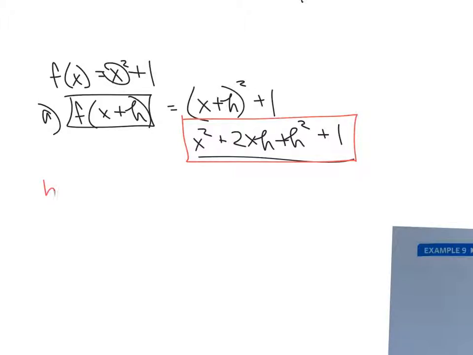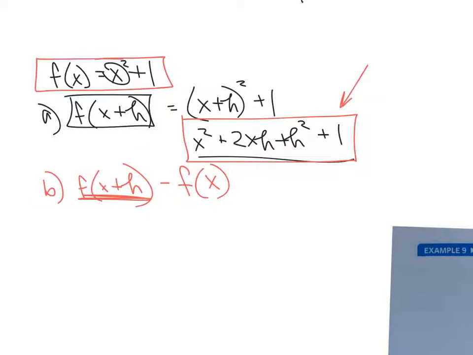All right, B. Find f of x plus h minus f of x. Okay, so we know what f of x plus h is. We found it right here. What is f of x? Okay, f of x is x squared plus 1 from the very beginning.